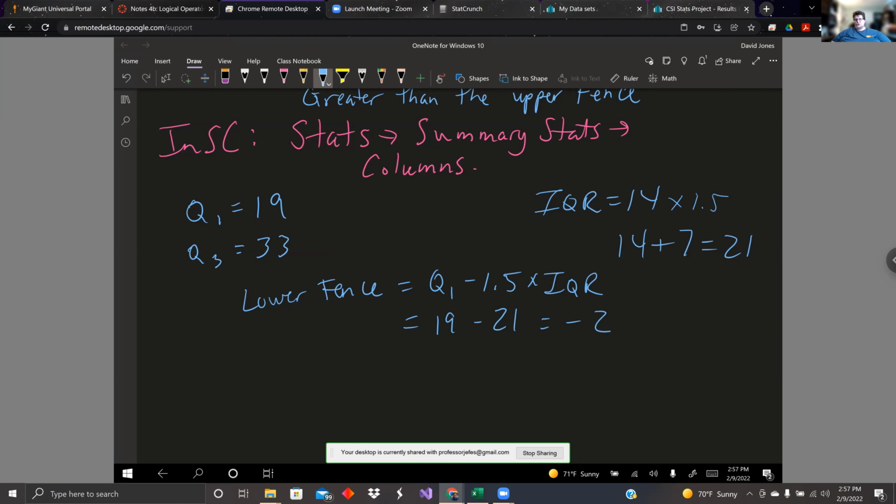No one was -2 years old, so no one is younger than that. There's no outliers to the left.